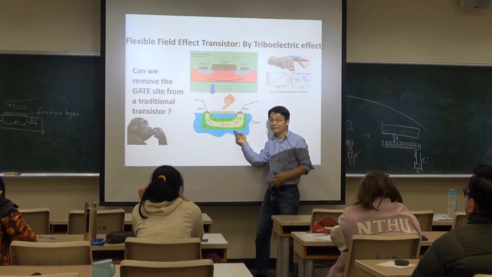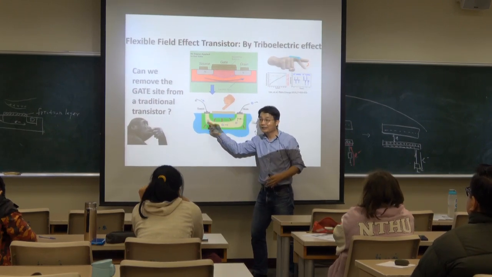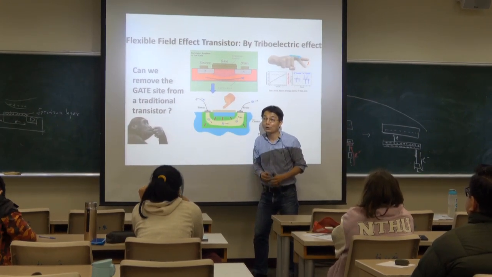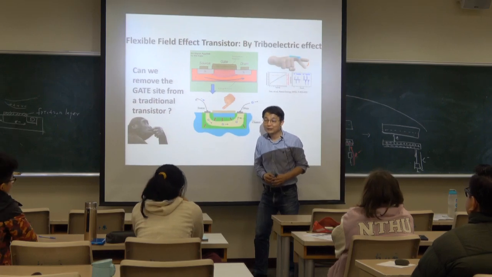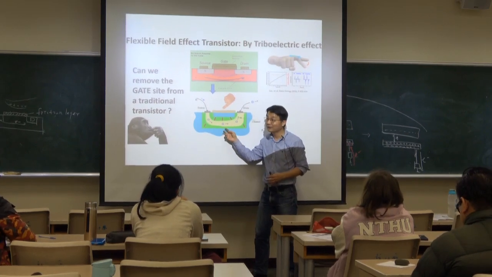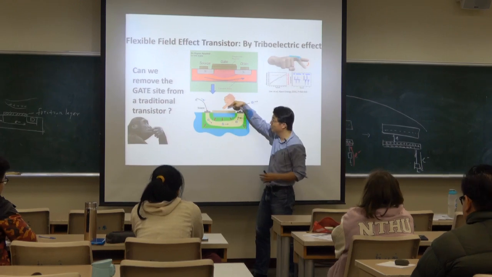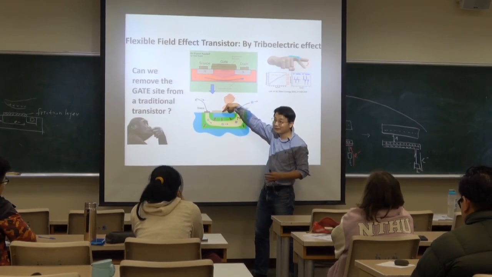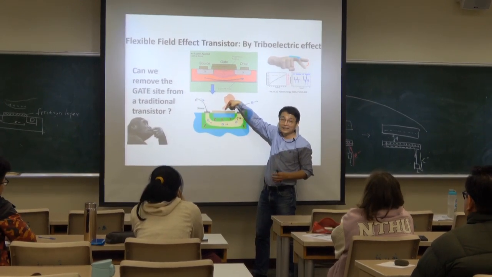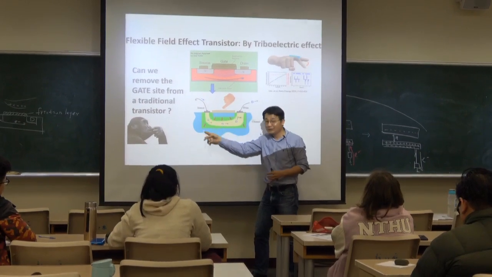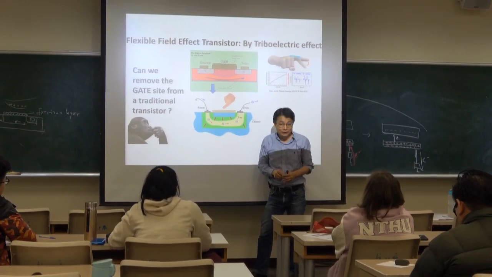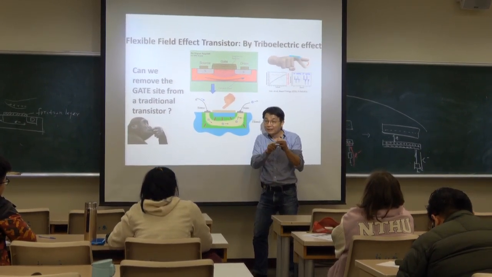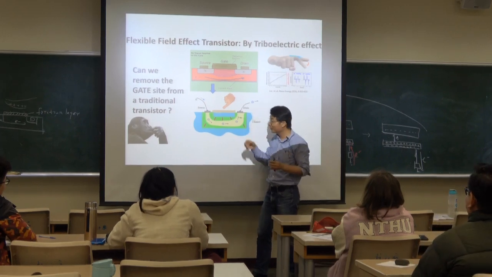Because if you have a P-type material, the majority is a hole for the semiconductor, so you have to use the positive charge on the gate side, right? If you're using the N-type material, the majority carrier is the electron, right? So you have to use another.